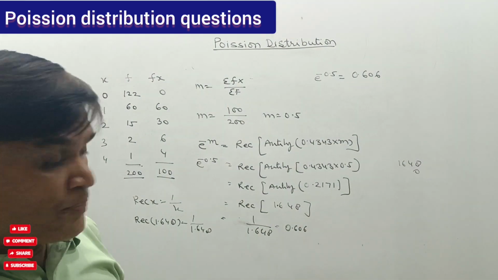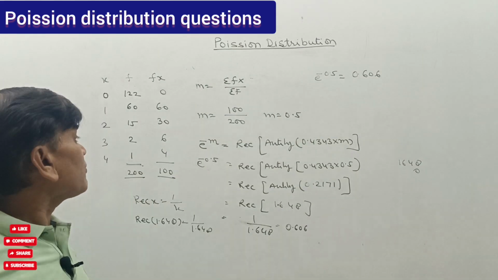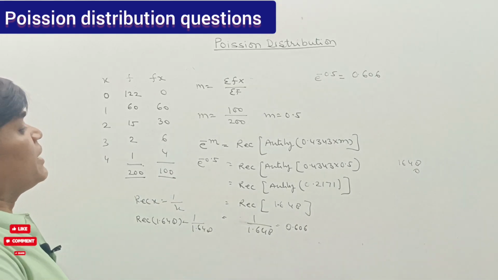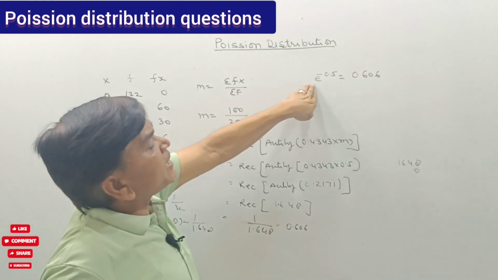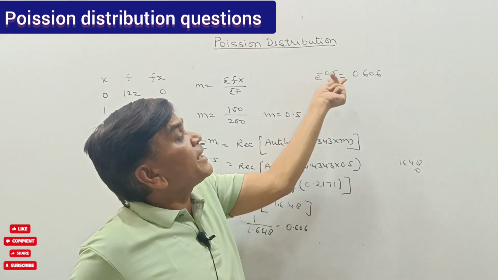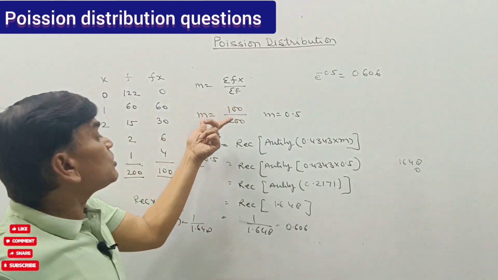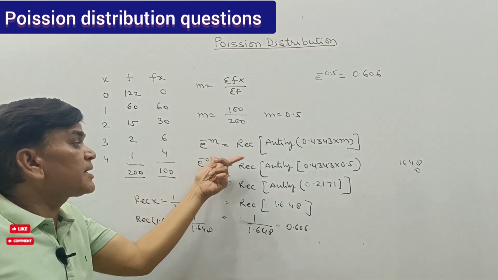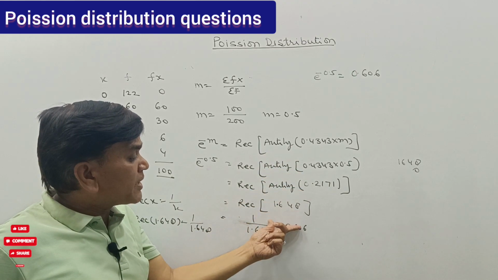Now we have calculated e raised to power minus m. Now what are we to do for the estimated frequency? First we calculated e raised to power minus m. We can take it directly from the table. In the question also this is given, but I have shown the methods for calculating e raised to power minus m.